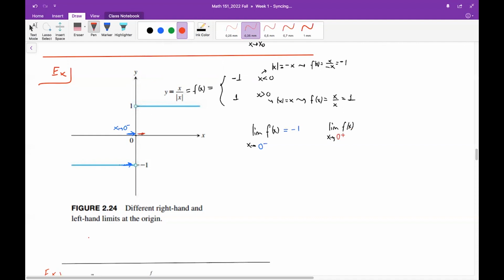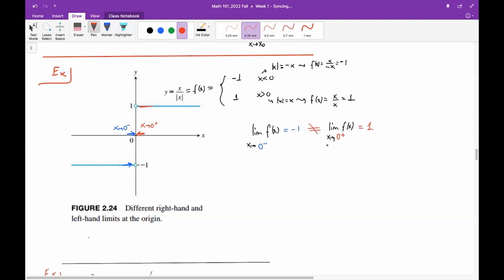Okay, this time I am approaching 0 from right. And look at all those values that your function takes as x goes to 0 from right. Again, this is a constant function. All the evaluated values are 1 if you approach 0 from right. That's why the right-hand side limit is 1.